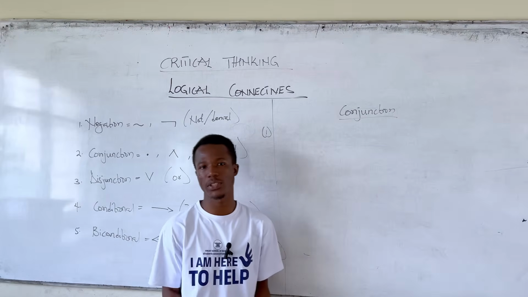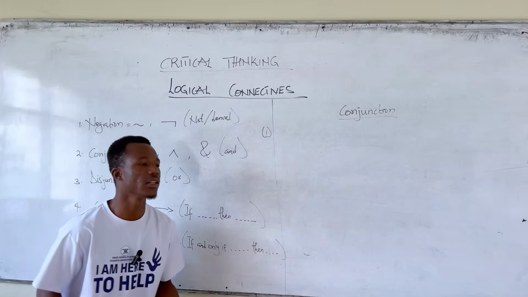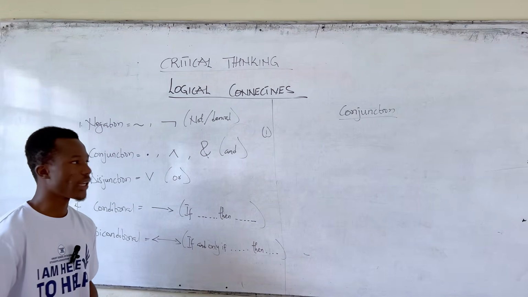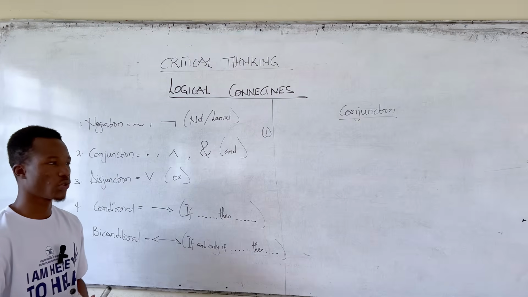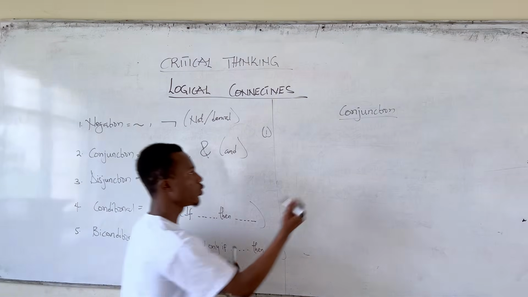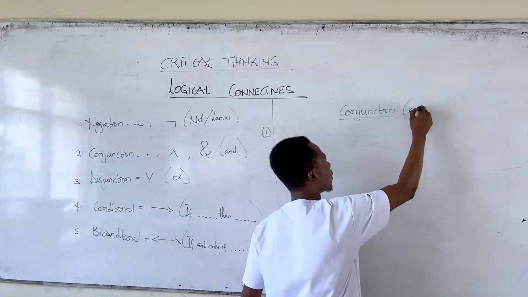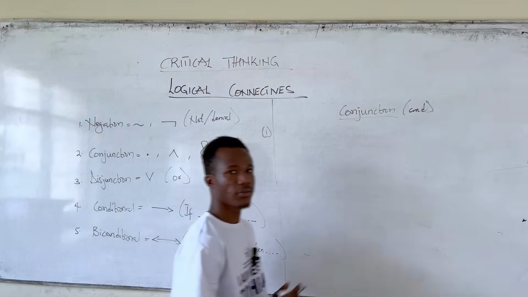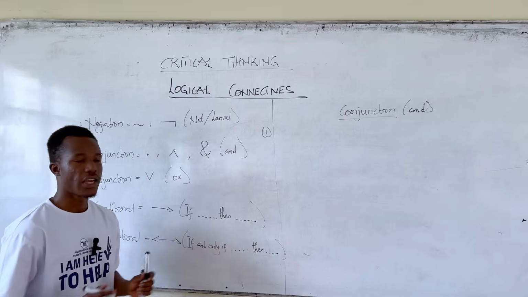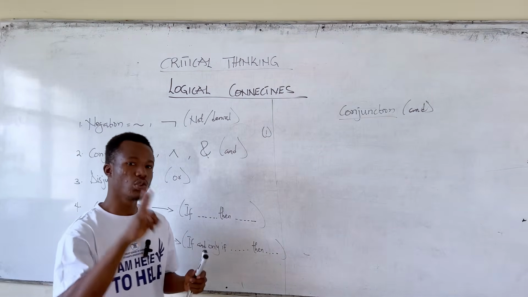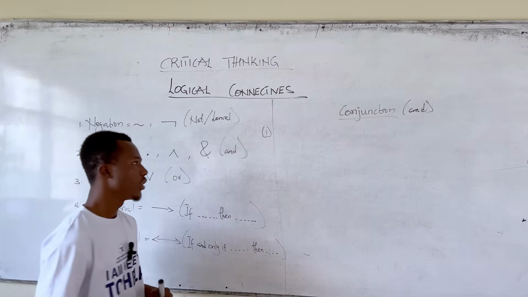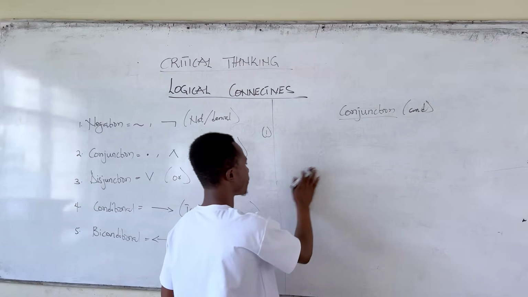You know from communication skills and basic English language that conjunction here is talking about the use of the word "and". Mostly it is used to connect two atomic propositions.